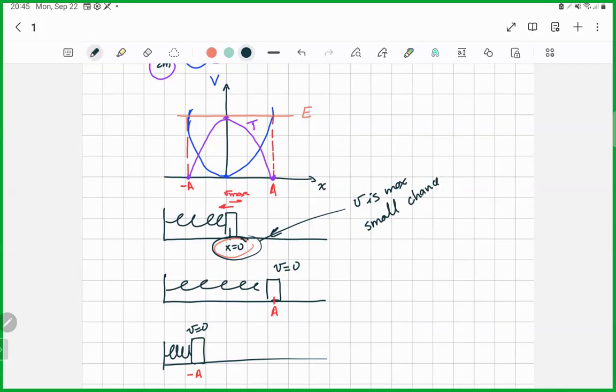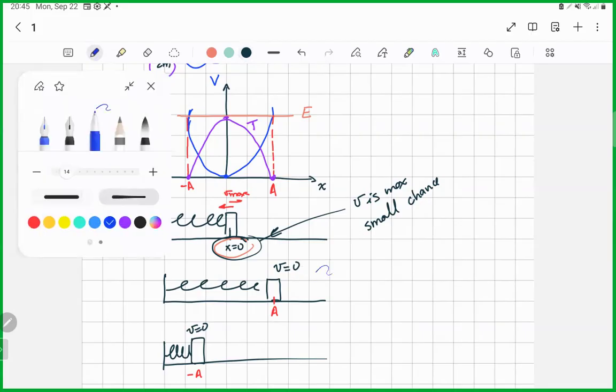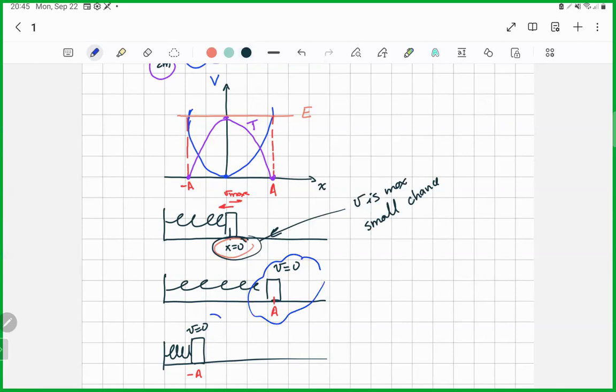And where do we have a higher chance? Closer to the edges, no? When it's very close to the positive or the negative extremes, because it's reaching this point very slowly. So at these extremes, there is a large probability to find this particle.